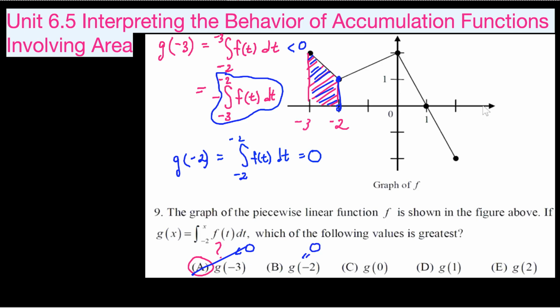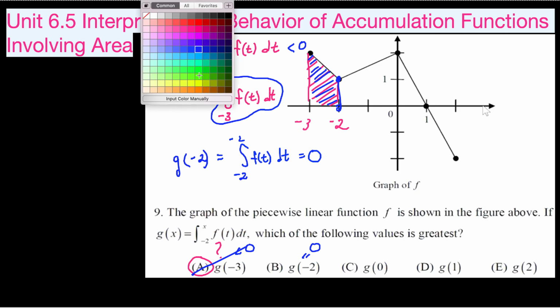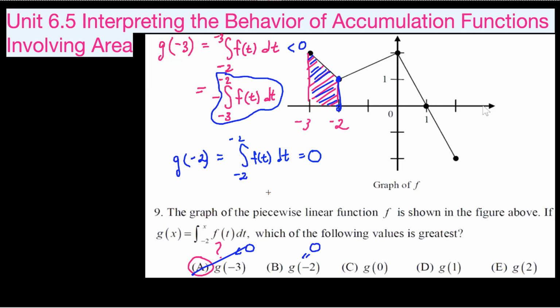Now let's see, g of 0. Let's understand g of 0. G of 0 is going to be from negative 2 to 0, and that's exactly whatever area this is right here. So that's positive, it's greater than 0 for sure.